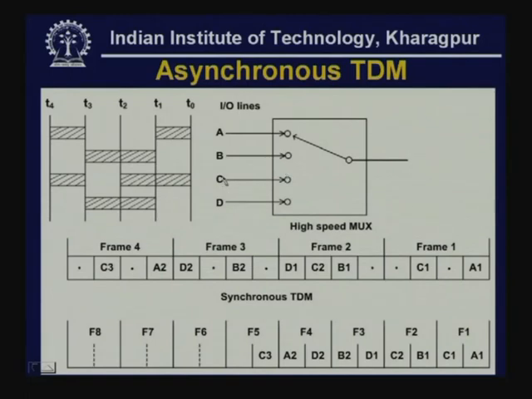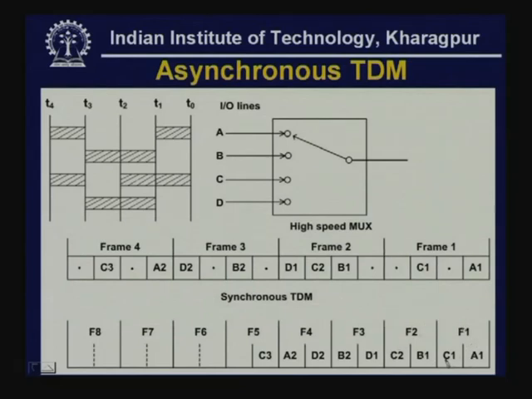Here we can send A1, C1, and then again we can send B1, C2, and as you can see here, the frame has got only 2 slots. So, in frame 1 we have sent A1 and C1, in frame 2 we have sent B1 and C2. So, essentially the bandwidth requirement is less here. The bandwidth requirement was corresponding to 4 time slots, but here you have got corresponding to 2 time slots.